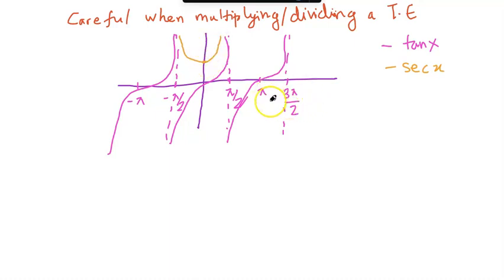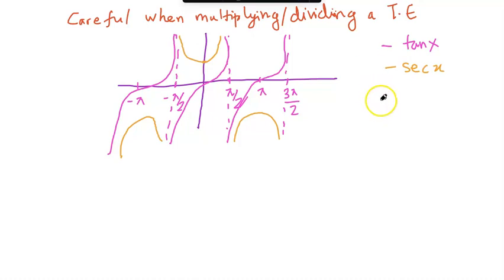And secant x will equal -1 when x equals pi. Yes, and secant x is also a periodic function. Okay, now this is the graph of tan x and this is the graph of secant x.